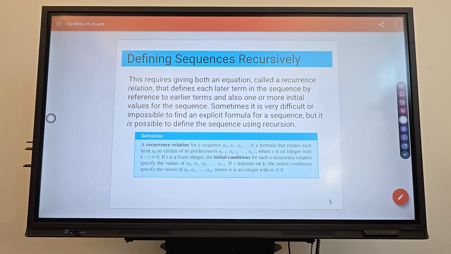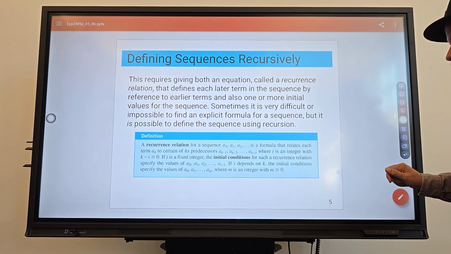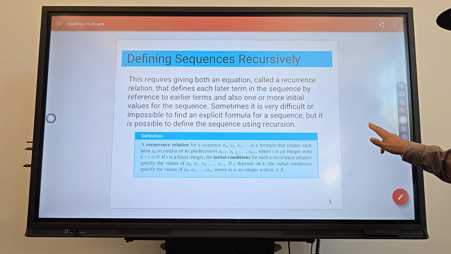If i depends on k, the initial conditions specify the values of A sub 0 to A sub m, where m is an integer with m greater than or equal to 0.